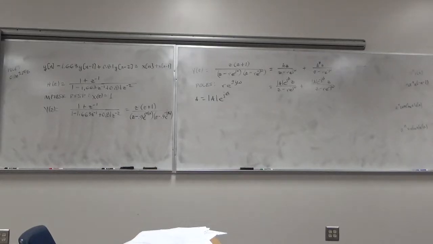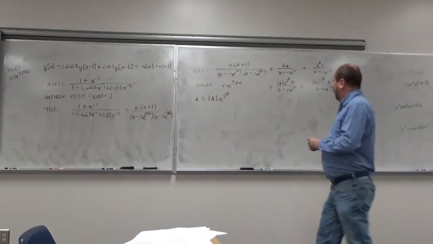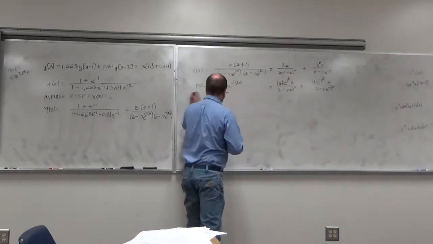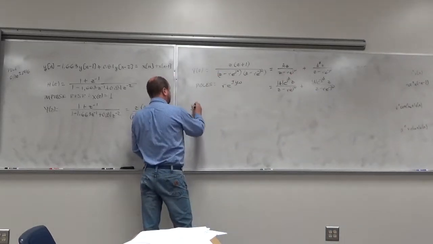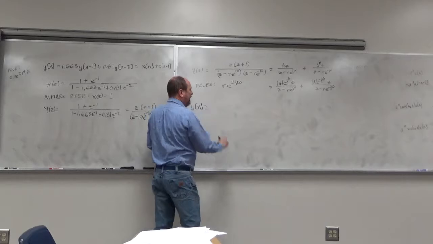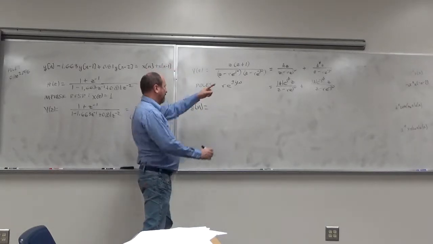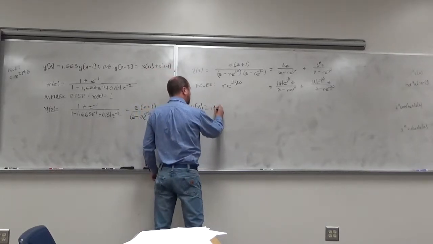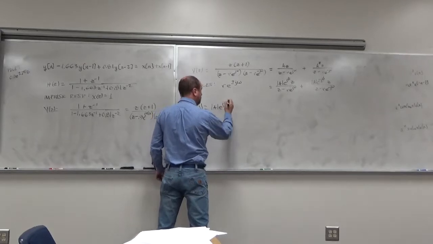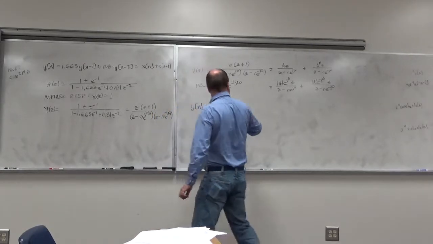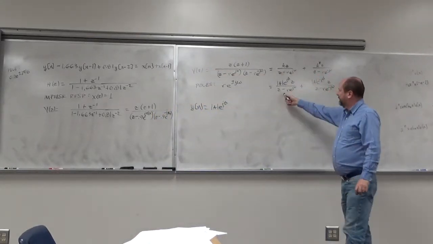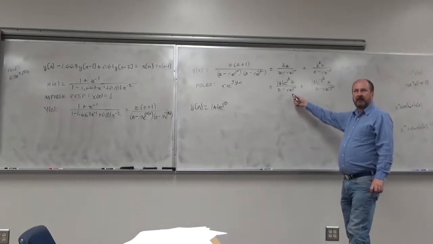Now, each step I do, I'm doing very little work, but I'm not leaving out any steps here. So, what have we got? Y of n is, I've got a constant up there, magnitude of A e to the j theta. What is z over z minus something?